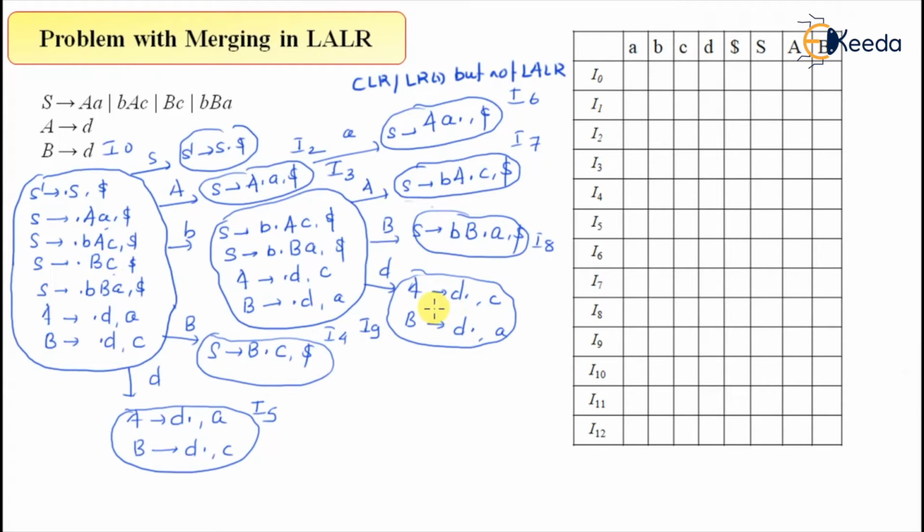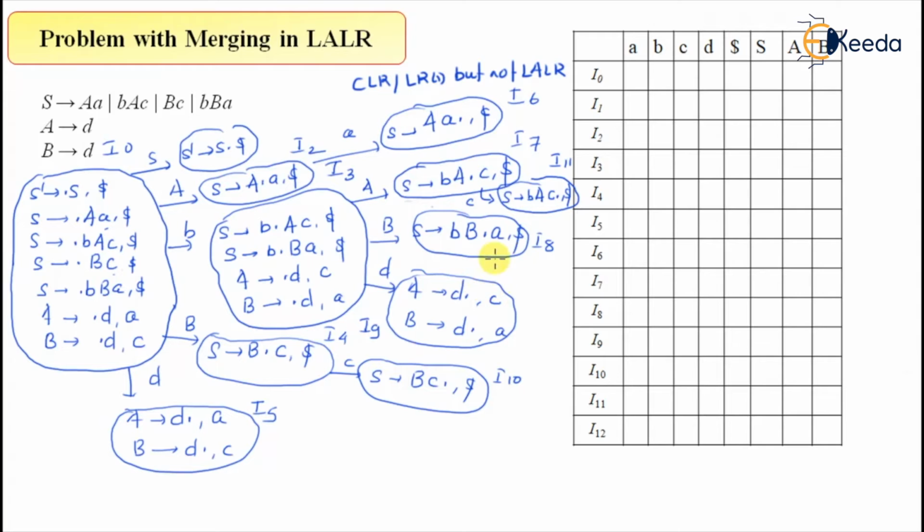So we are almost done, I guess. A few things are left over. This one is small c, and S derives bc dot followed by dollar, which is the I10 state. This one on input small c will become S derives bAc dot followed by dollar, which is your I11.